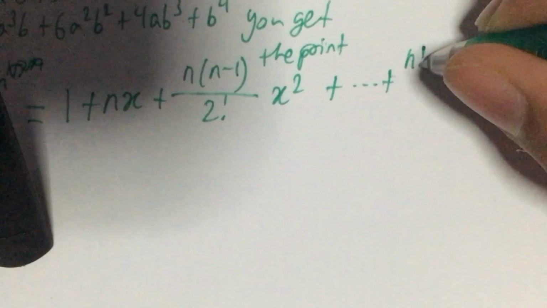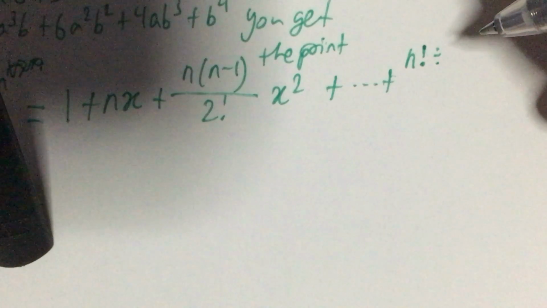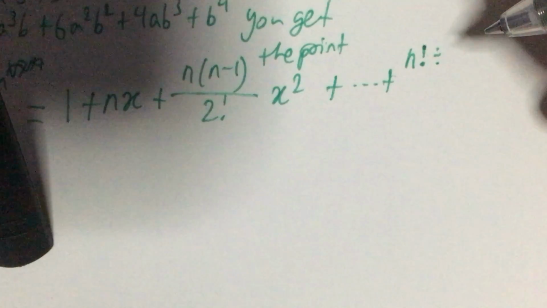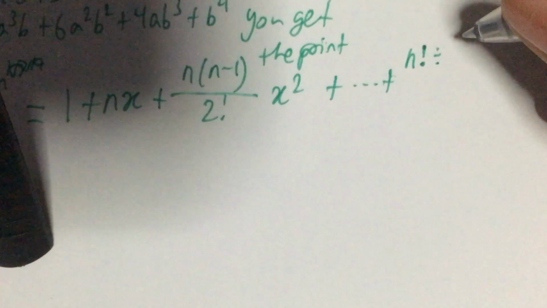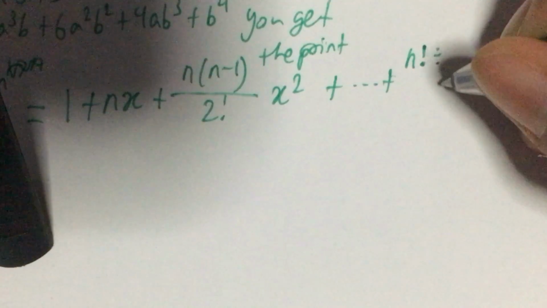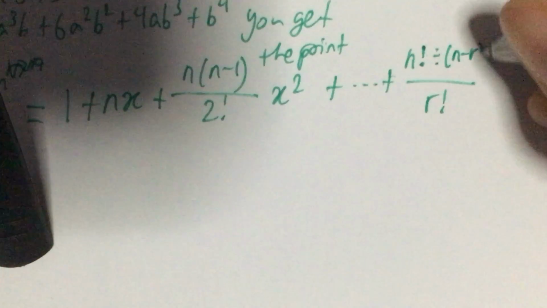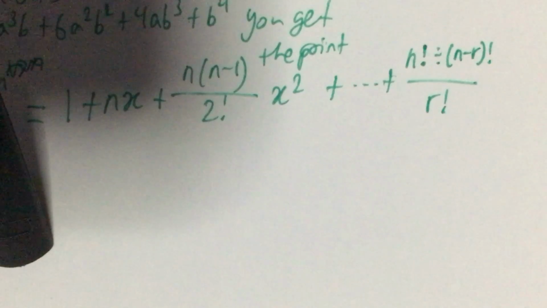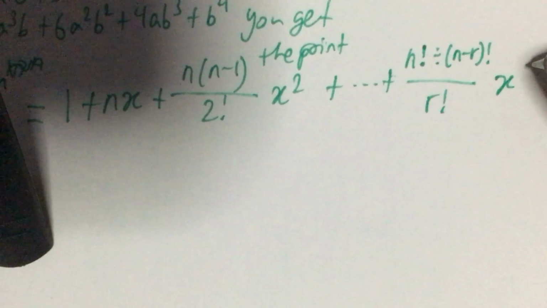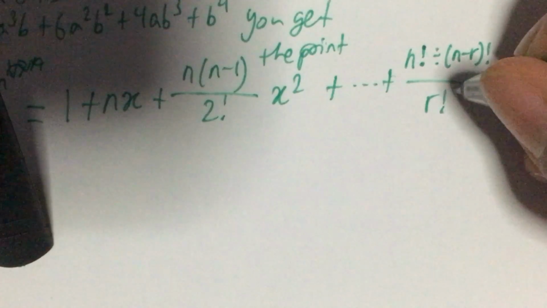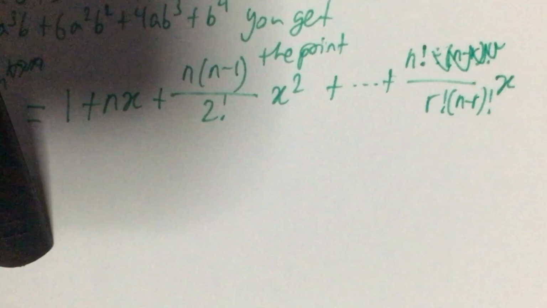You first start with 1. Of course, in the binomial, you realize that the way it's derived is that you have a factorial or another bunch of factorials. And in this case, instead of using factorials, you go to nx. So you first times it by n. And after that, you go into n times n minus 1 over 2 factorial times x squared.